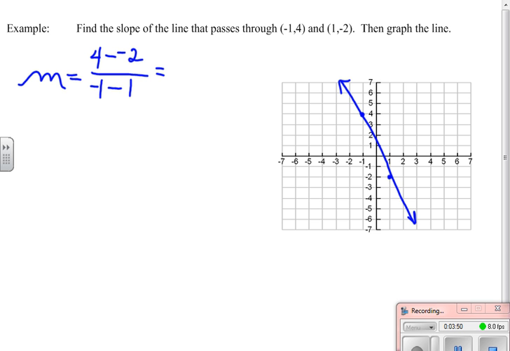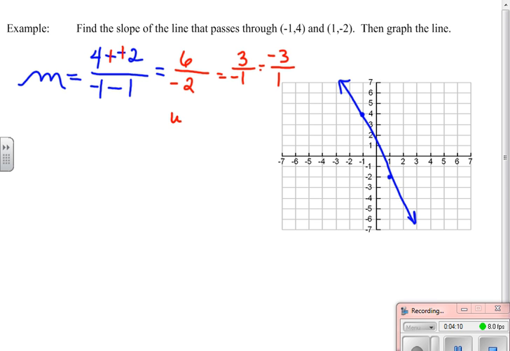Remember, minus and minus is plus. So we have 3 over negative 1, which is the same as negative 3 over positive 1. The negative can be on either the numerator or the denominator.